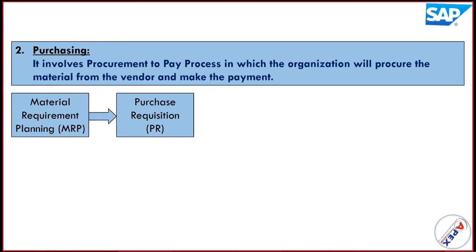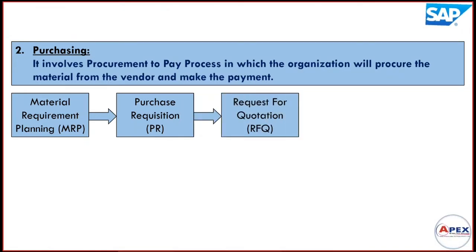Once the PR is generated, what happens next? Once the purchasing department receives the PR, it will send an RFQ to the vendors. As I told you, we have master data, so there is no need to create the material again here.